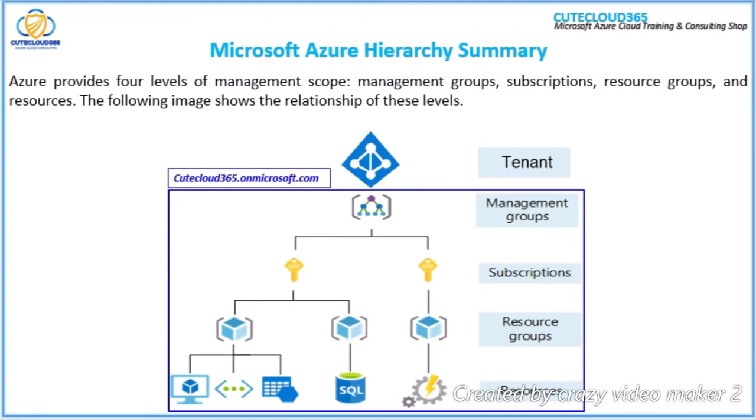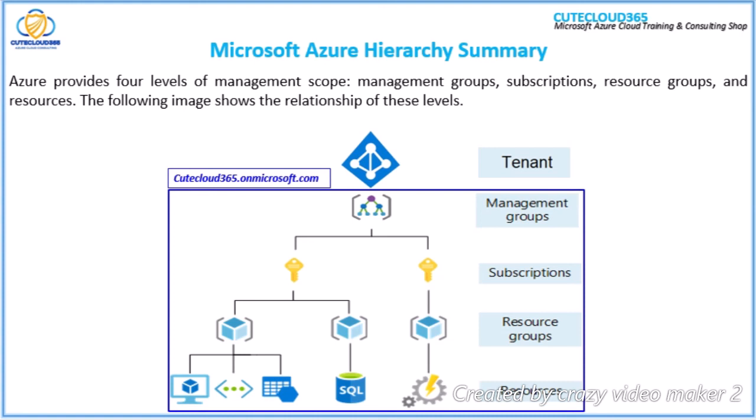So guys, what I talked about, now we will put it in a hierarchy and call this the Microsoft Azure hierarchy summary. Azure provides four levels of management scope: management groups, subscriptions, resource groups, and resources. The following image shows the relationship of these levels. As I said, the first thing is the tenant.